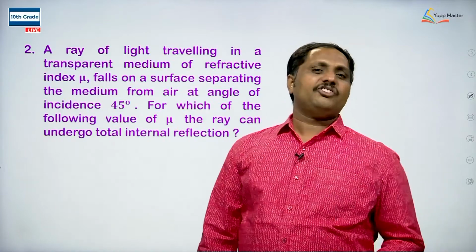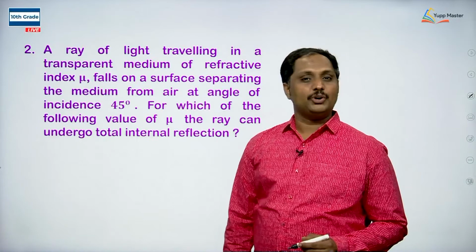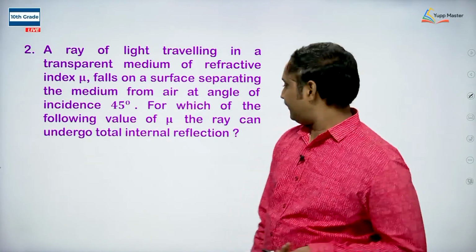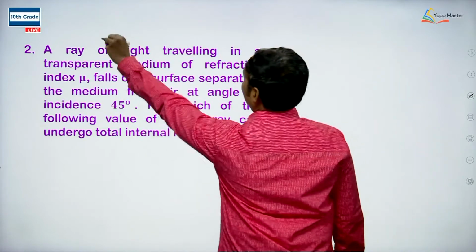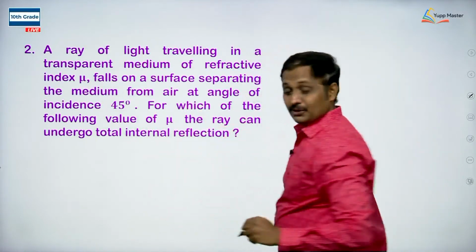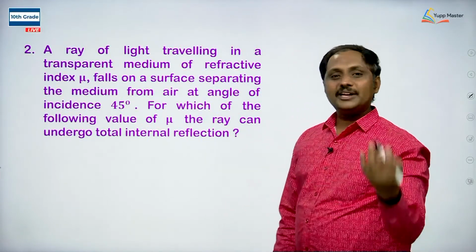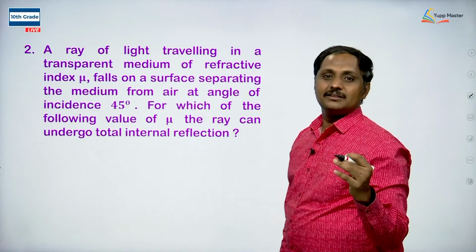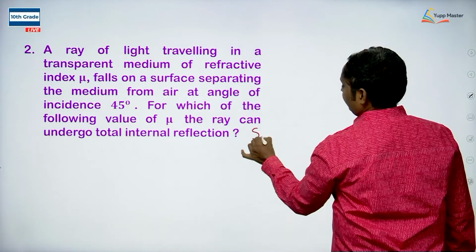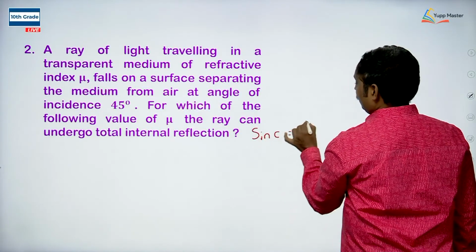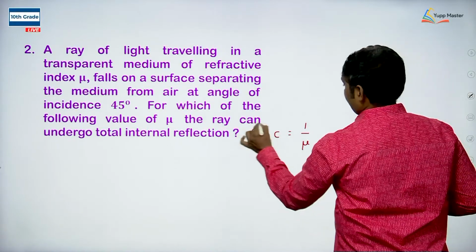Simply, they put restrictions on the refractive index value in order to achieve total internal reflection. While taking this kind of problem, you have to know the relation between refractive index and critical angle. You know the relation, sin C is equal to 1 by mu. This is the generalized expression.